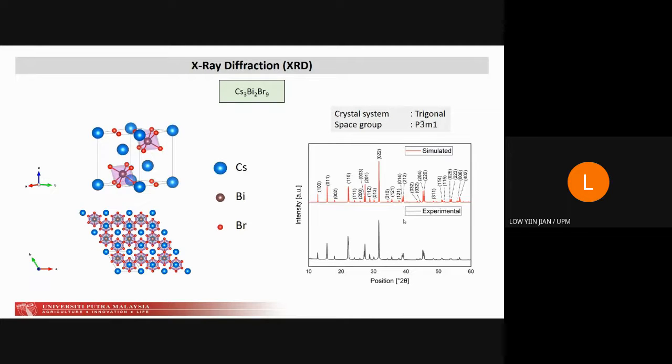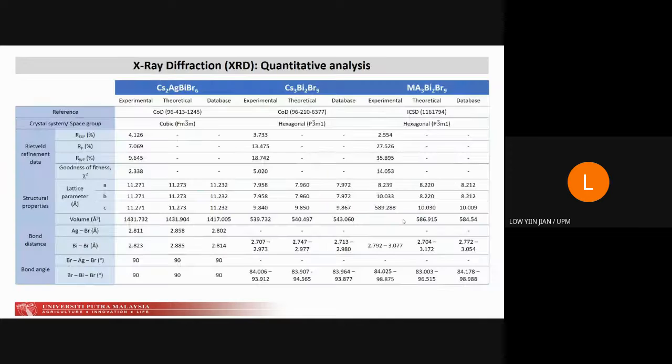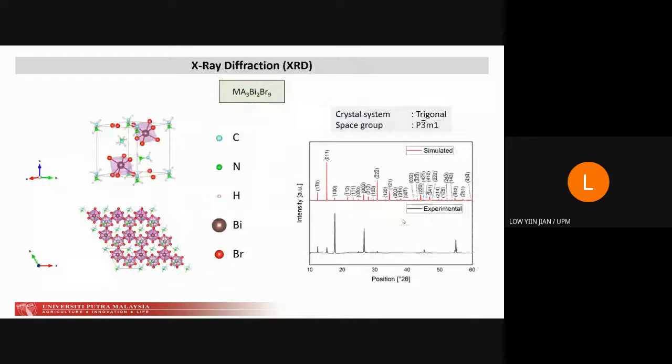The same condition also applies to the 329 structure, where the experimental profile matches the simulated profile. The 329 structure shows a trigonal crystal system with a space group of P3m1, with BiBr octahedral layers and the void between the layers filled with the Cs cation. For the organic MA329 structure, the same crystal system and space group were found as compared to the Cs329 structure.